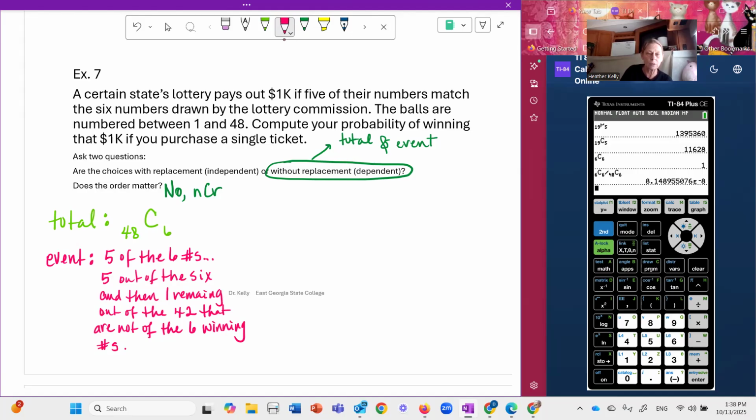Hopefully I didn't mumble myself into you not understanding what the event is. Here's the idea: we're going to get 5 winning and 1 losing.